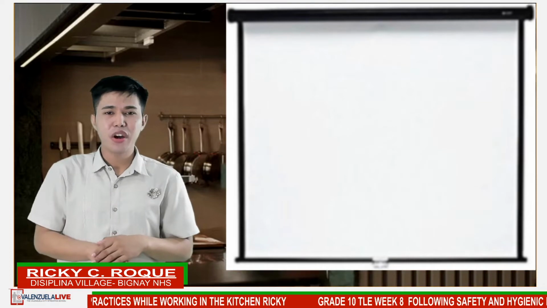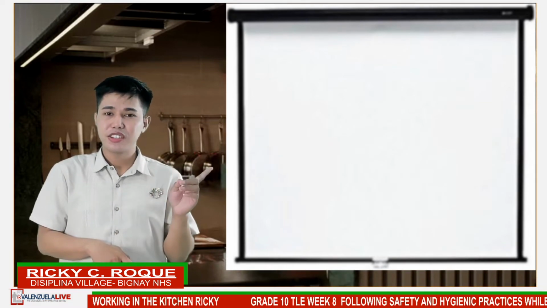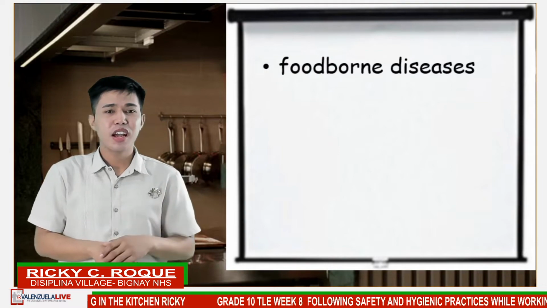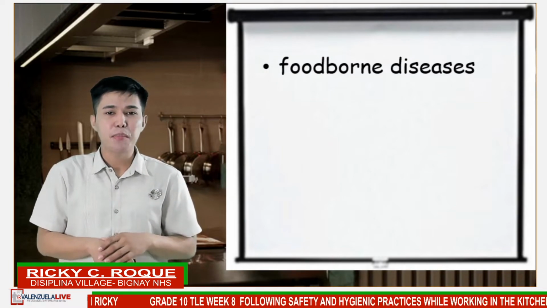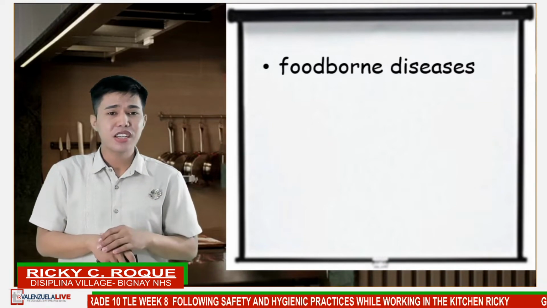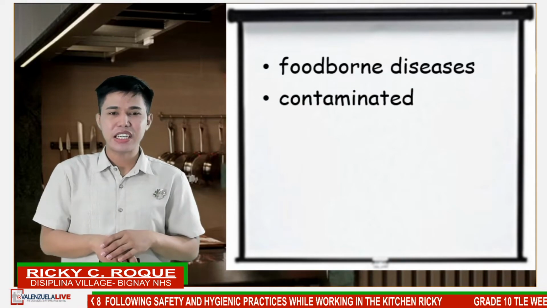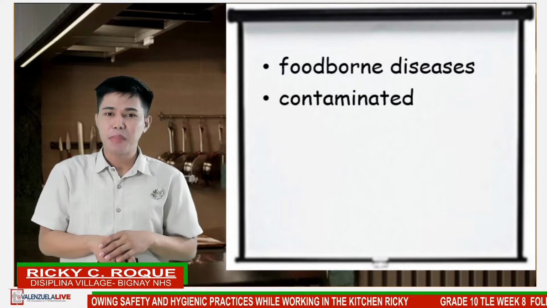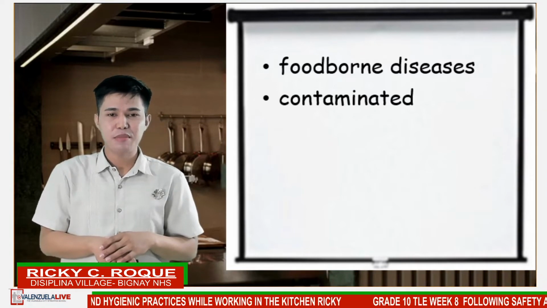The great majority of people will experience foodborne diseases at some point in their lives. This highlights the importance of making sure the food we eat is not contaminated with potentially harmful bacteria, parasites, viruses, toxins, and chemicals.